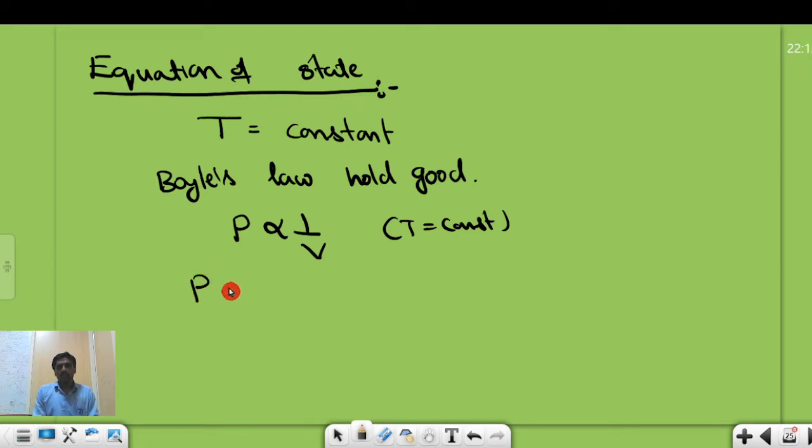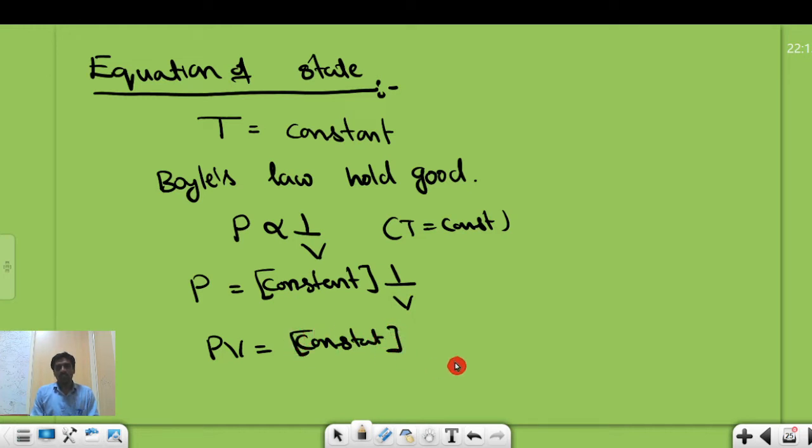Removing the proportionality sign, we need to keep a constant here, so P is equal to constant times 1 by V. Now sending V to this side, PV is equal to some constant. What is this constant? From the ideal gas equation, PV is equal to nRT.